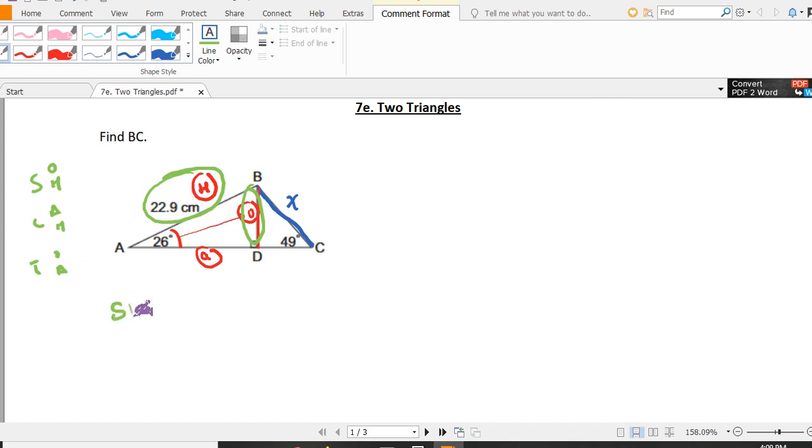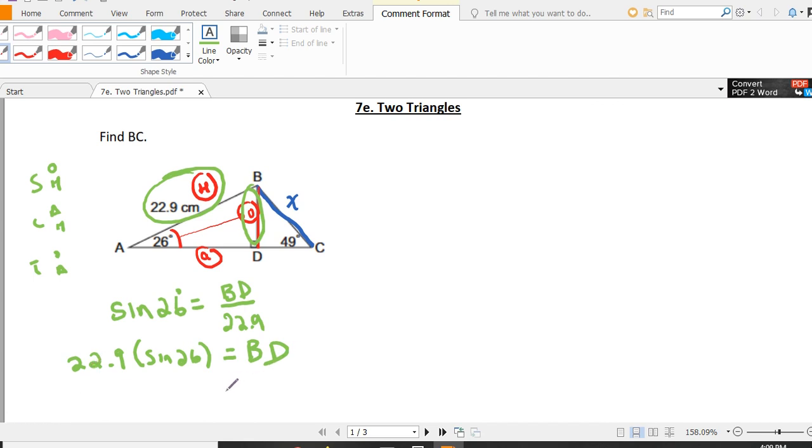Sine. So sine of 26 is equal to opposite, BD, over hypotenuse, 22.9. By now, hopefully, you should be able to solve this in just one step. Multiply both sides by 22.9: 22.9 times sine 26 will equal BD.